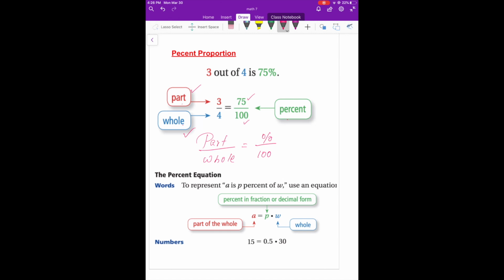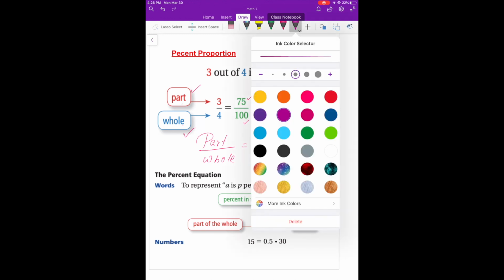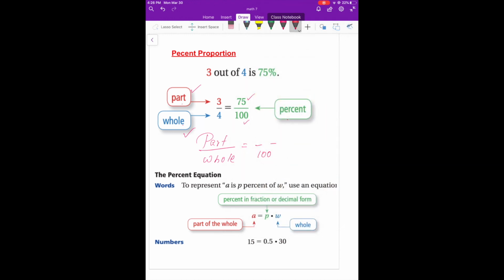You need to remember that the percent is not the actual percent, so it's better to use an x there instead of writing percent. So part over whole equal to x over 100. Just remember that.